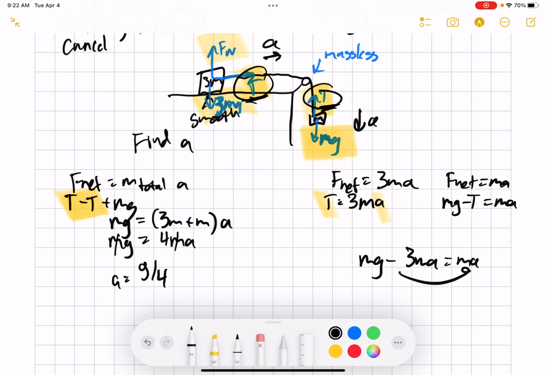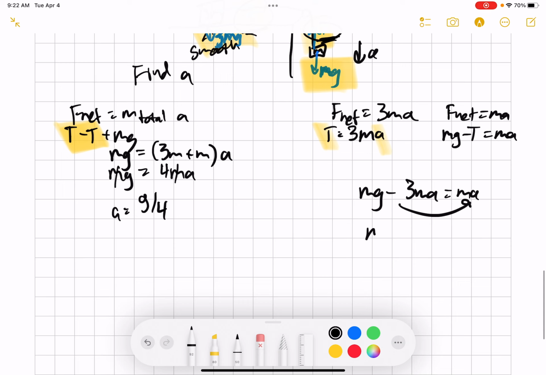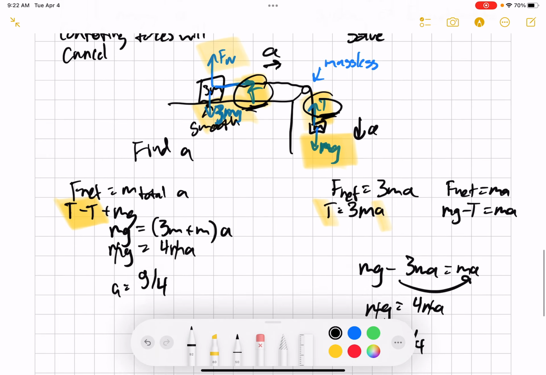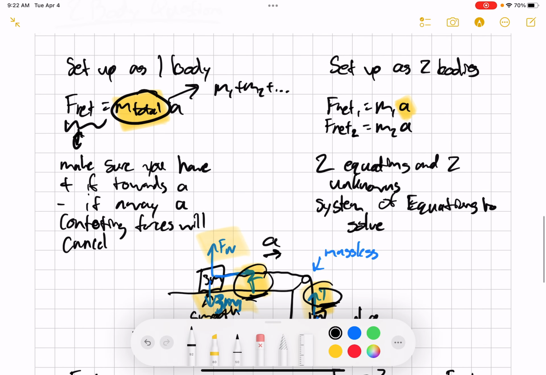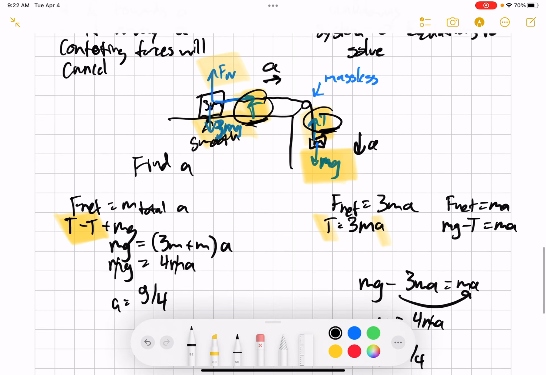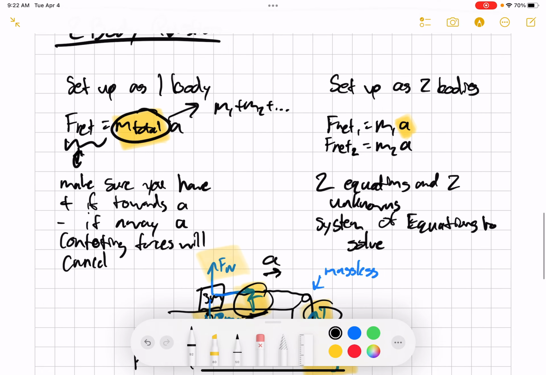So I'll go ahead and add that to the other side. So something like mg equals 4ma, 3 plus 1, and then the m's cancel, divide by 4, and a equals g divided by 4. So both methods work, but I find that the setup as one body is maybe a little bit more intuitive than the setup as two bodies.